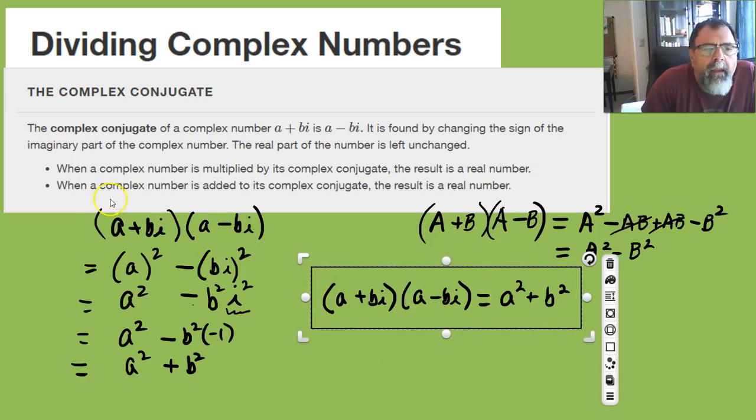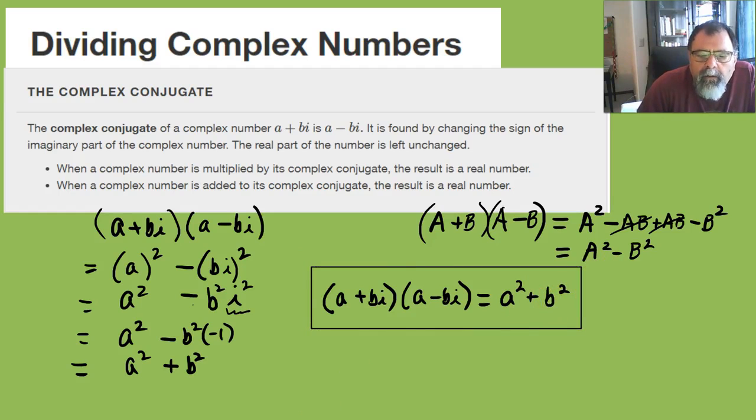And then here, when you multiply the two complex numbers, the result is a real number. Notice there's no i left in here, a squared plus b squared. So this is going to be a real number.